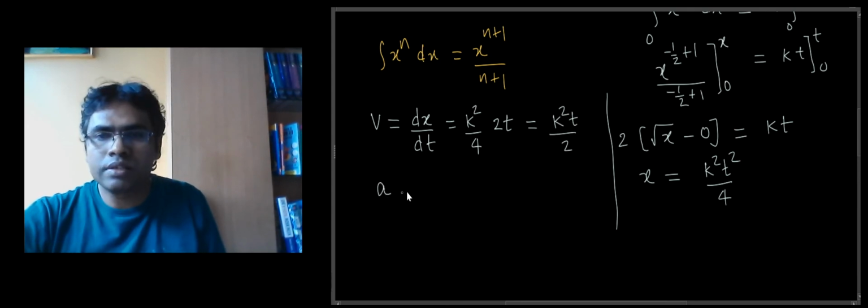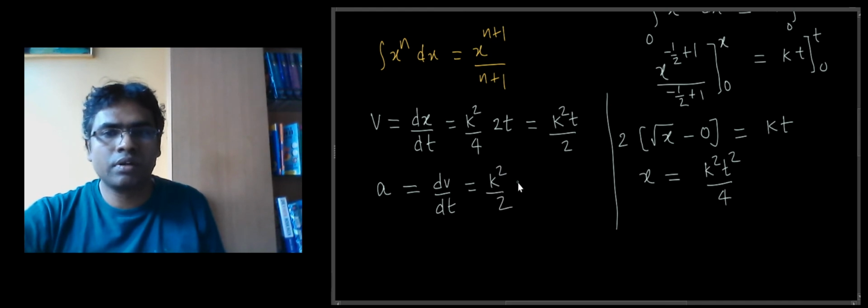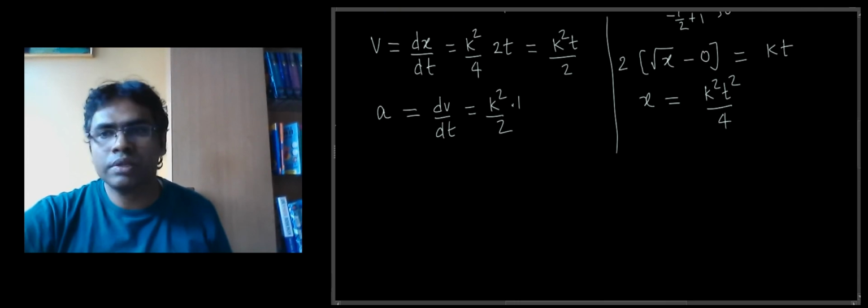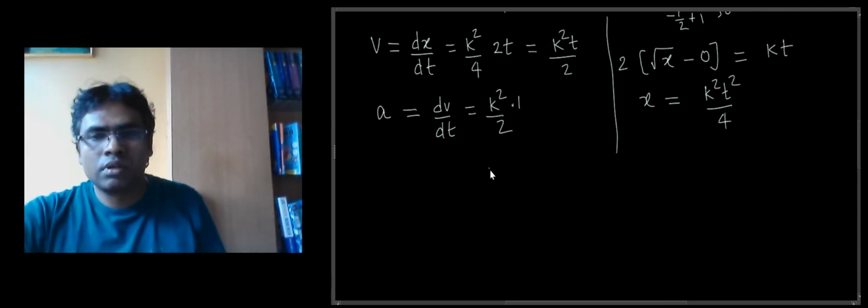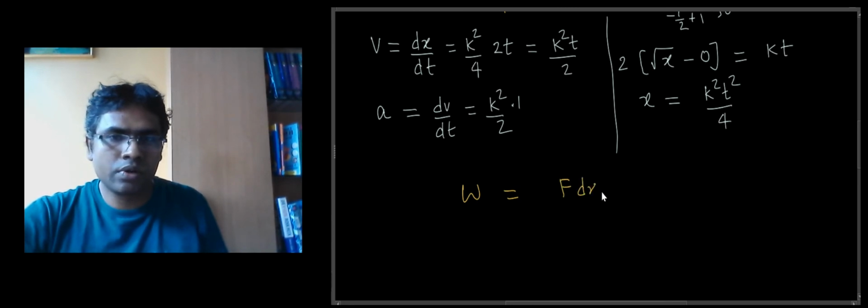Now, to get the acceleration, I have to take a derivative of this function, which is dv by dt. So we get k square by 2, which is a constant, and the derivative of t is just 1. So acceleration is k square by 2. Now, in order to calculate the work done by the force, all we have to do is take the force and then take a dot product of the force with the displacement.